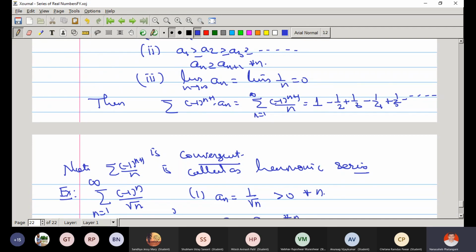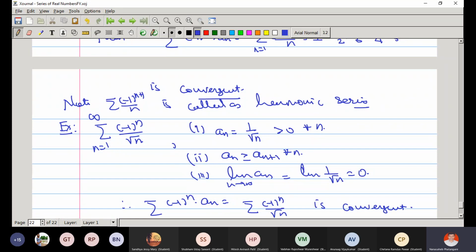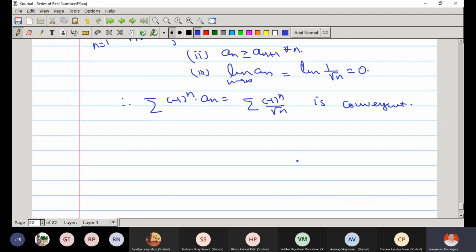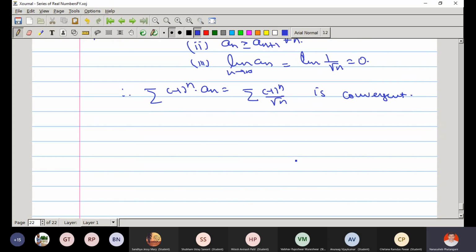Because this series corresponds to a harmonic oscillator. If you study the harmonic oscillator, you will see such things: 1 minus half plus 1 by 3. The oscillator oscillates from left to right, and you can understand how much length it covers. So this series is also convergent by the alternating series test.